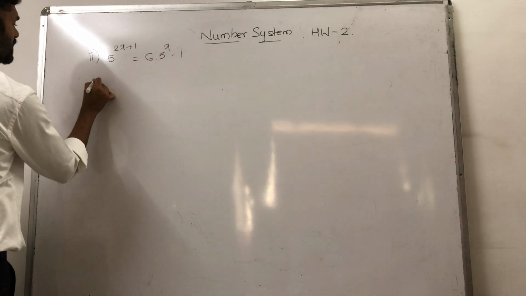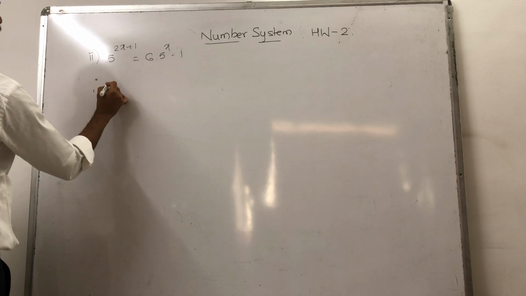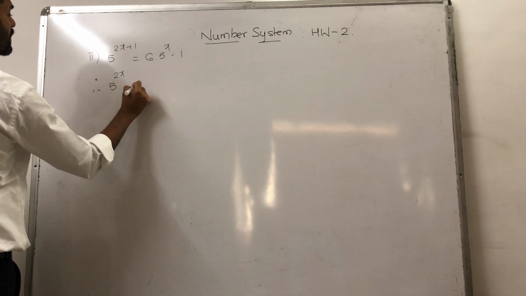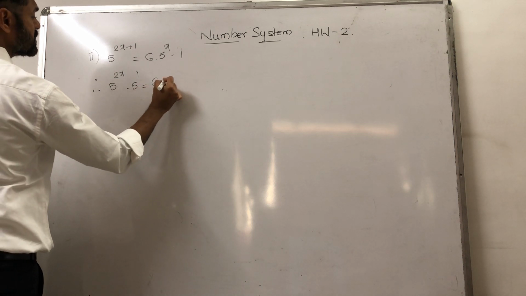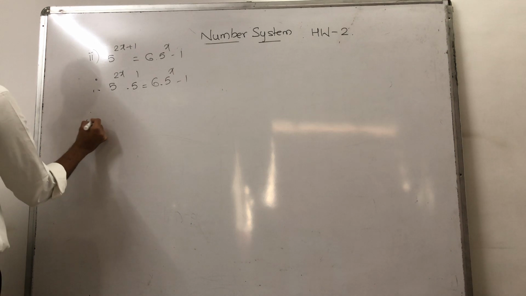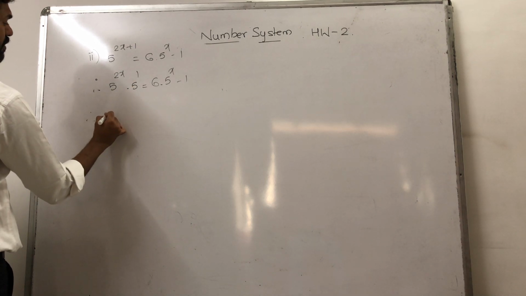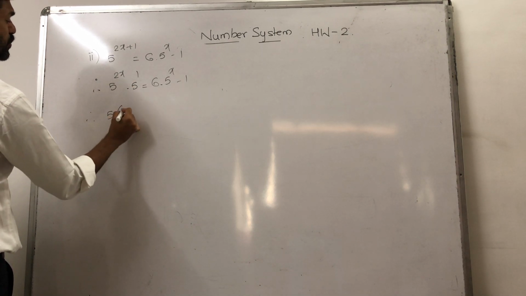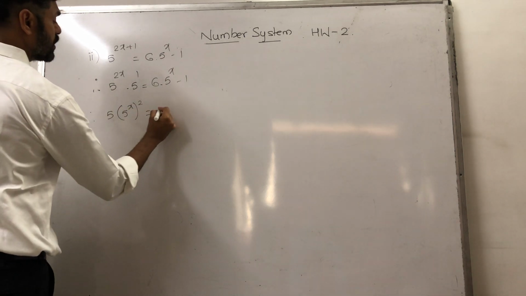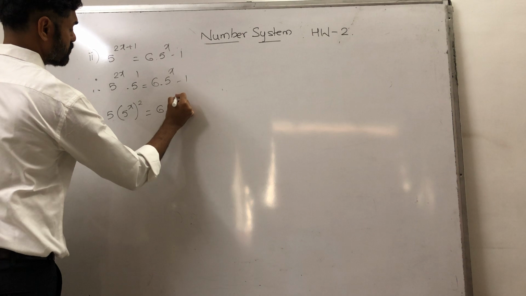Similar question. First step, we will split 5 raised to 2x plus 1 into 5 raised to 2x into 5 raised to 1. This is 6 times 5 raised to x minus 1. 5 raised to 1 is 5, and we will write 5 raised to 2x as 5 raised to x, raised to 2, equals 6 times 5 raised to x.